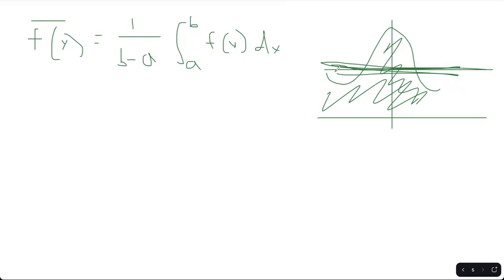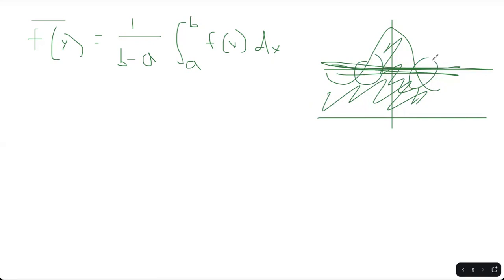Now, notice one key thing about this. This average value intersects with the original function in a few places, meaning the original function has a few places where the value of the function is the average value of the entire function over that interval. That is something called the mean value theorem for integrals.